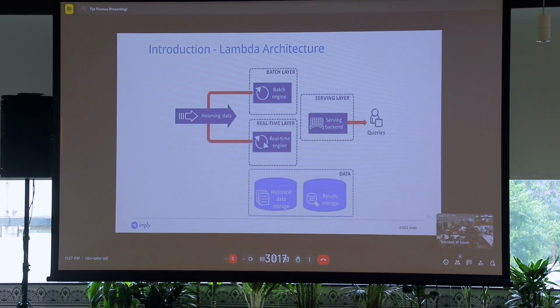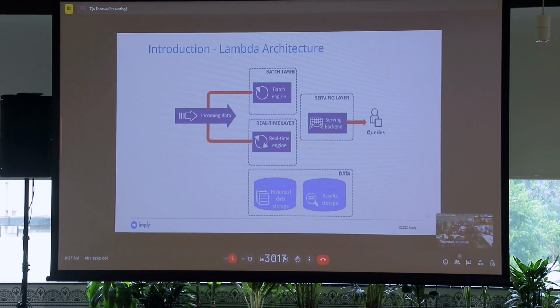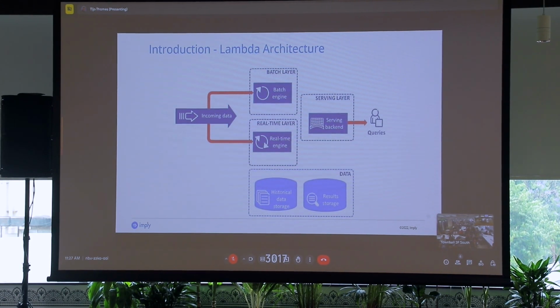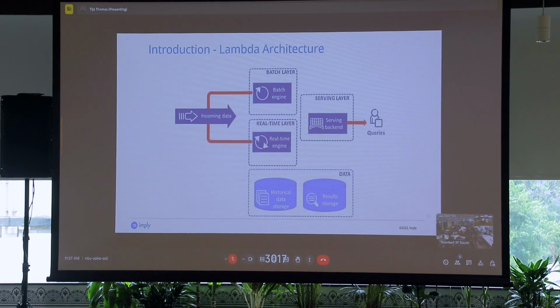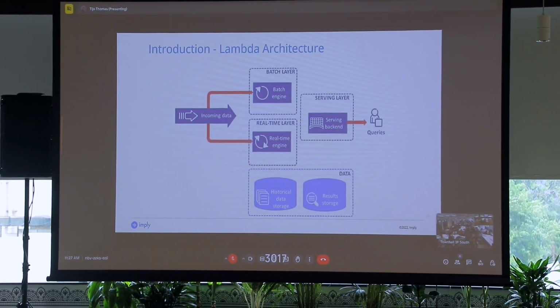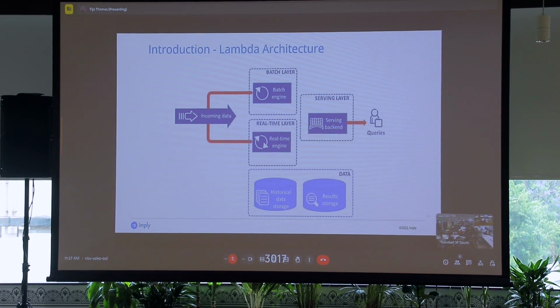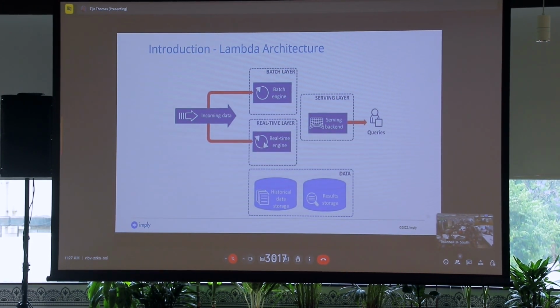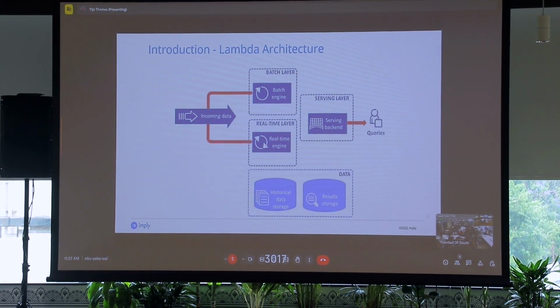Okay. Now, what does Druid solve? If you think about a Lambda architecture, how many of you know Lambda architecture? Okay, probably I need to explain. Lambda means you have real-time data, which is in Kafka, and you have historical data. Let's say Kafka stores 7 days of data. What happens to the data after 7 days? You have to move it to some other place. Let's say you move it to S3.